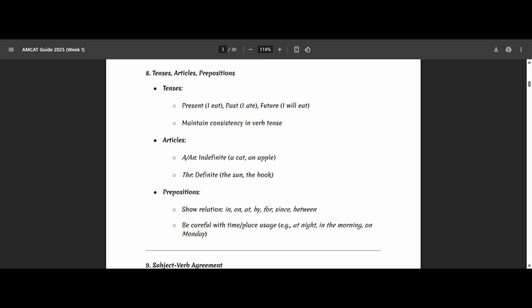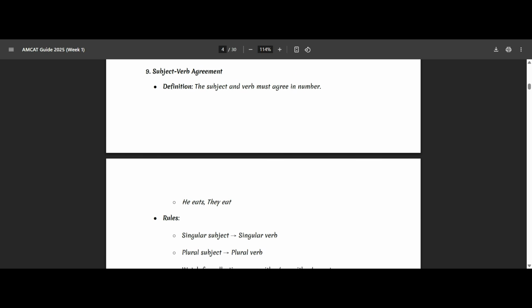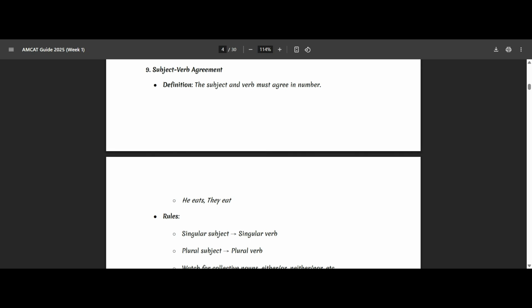So I eat, I ate, I will eat. These are the tenses, that is verb forms. Then articles, a, an, and the, and prepositions, that is show relation. Subject verb agreement, the subject and verb must agree in number. He eats, they eat. Now singular subject must have singular verb.